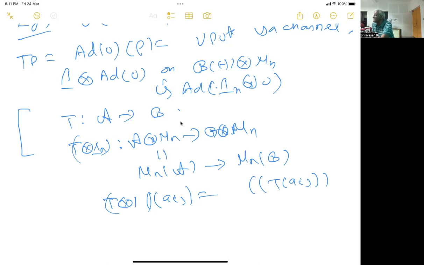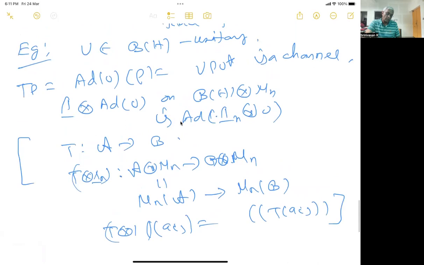Positivity will imply boundedness: phi of 1 has to take some value, so it will be automatically bounded, and that will be the norm. So positivity means this has to be positive.